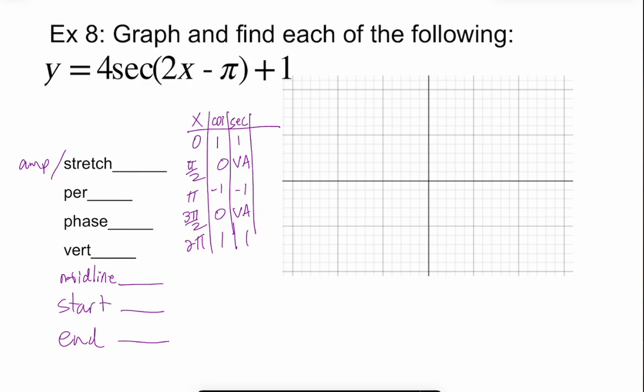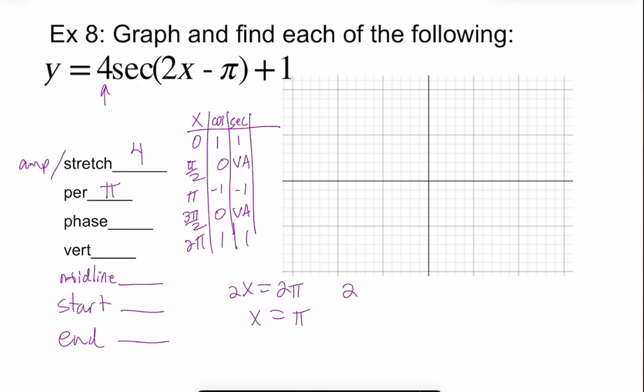Okay. So the amplitude and stretch of this graph is 4. There's no flip. If it was negative, an upper bump becomes a negative bump, a lower bump becomes, okay. The period, we're going to set 2x equal to 2 pi. So this one has squished in a little bit. The period is pi. So there'll be an upper bump and a lower bump in a length of pi.